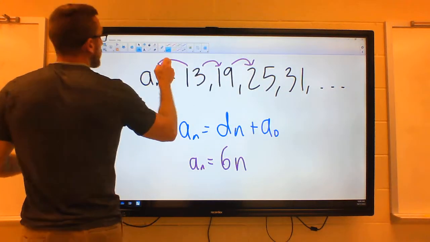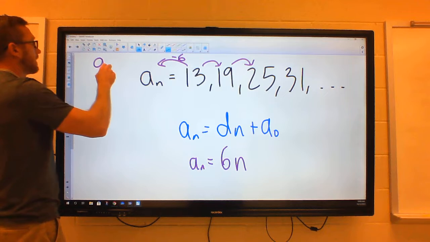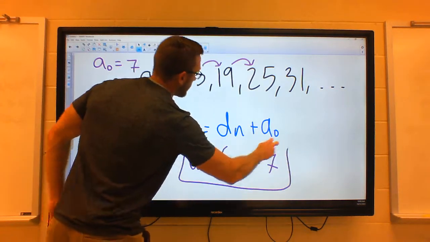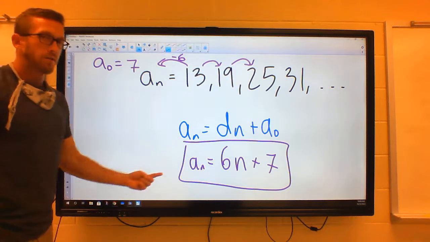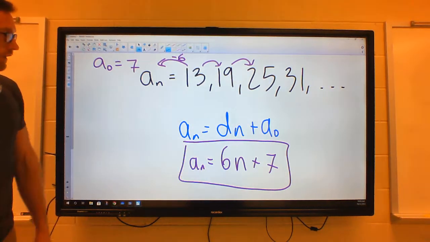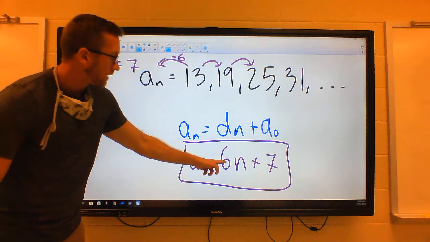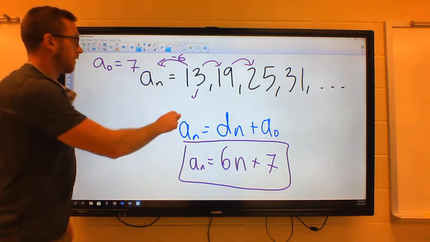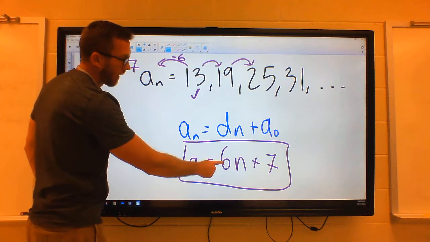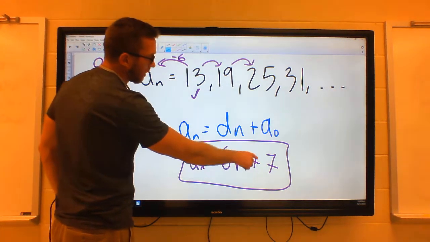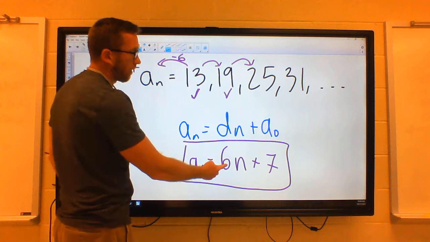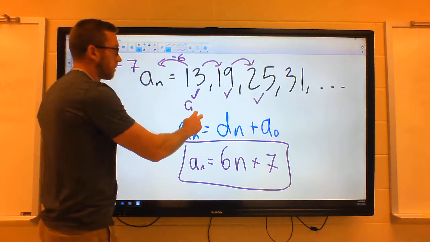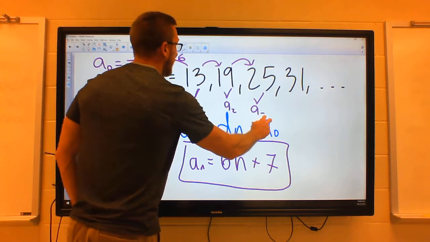If I go in the other direction, I'm subtracting 6. a0 is 7. Boom. Nice and simple, very quick way to find the explicit rule. We can always check our work. Plug in 1 for n. 6 times 1 is 6, plus 7 is the 13 we thought it would be for the first term. Plug in 2 for n. 6 times 2 is 12, plus 7 is 19. That works. Plug in 3 for n. 18 plus 7 is 25. So it is working for each of these terms, a1, a2, and a3.